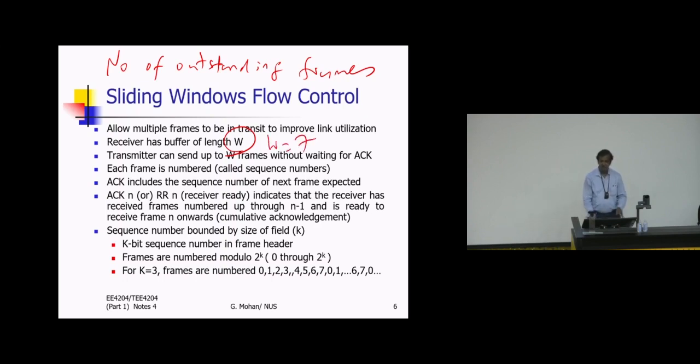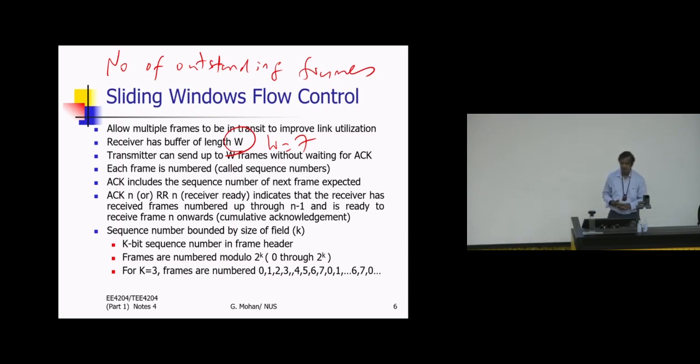That means the sender can send the first frame, second frame, third frame, up to 7 frames without waiting for an acknowledgement from the other side. If the acknowledgement is not received even after it sends out the 7th frame, then it will wait.